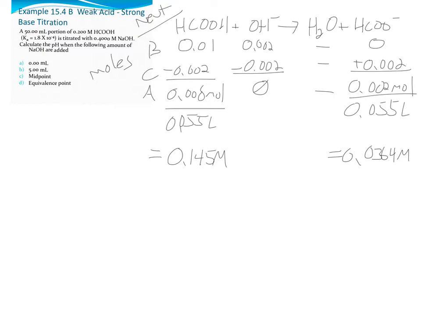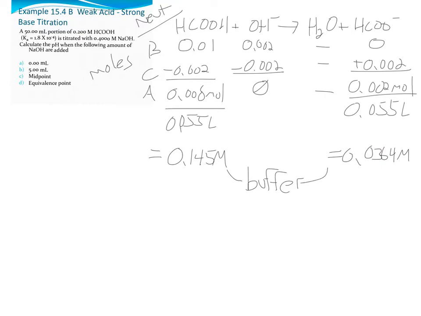Now this is a conjugate pair at the end. I have my formic acid left and my conjugate formate. This is a buffer problem now. We have to analyze what are we left with at the end. My conjugate pair gives me a buffer.